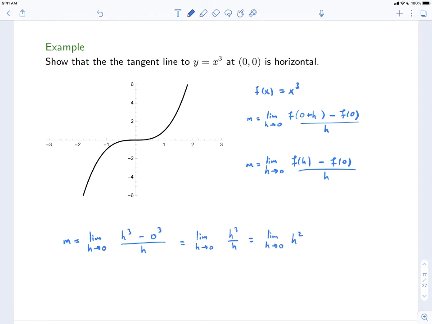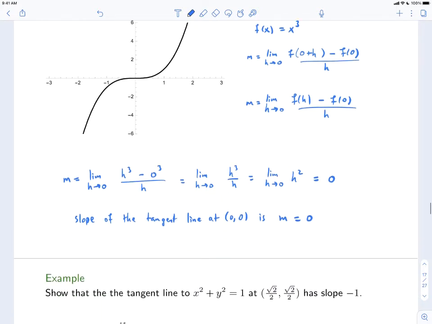As h goes to 0, h squared is also going to 0. So that means m is 0. So the slope of the tangent line at the point 0, 0 is m equals 0. And if the slope is 0, that means that the line is horizontal.